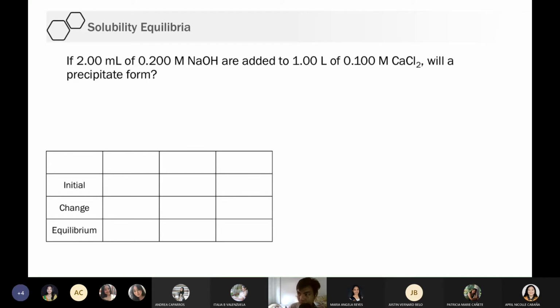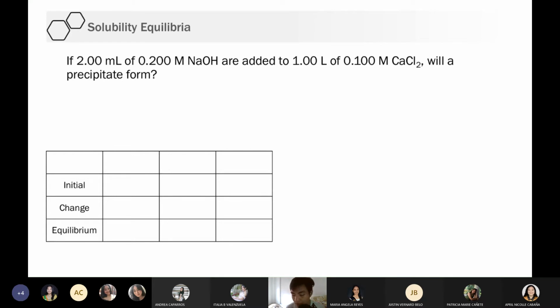So let's apply this concept dito sa problem na to. May mga ganitong questions sa quiz na. If 2 mL of 0.2 molar sodium hydroxide are added to 1 liter of 0.1 molar calcium chloride, will a precipitate form?